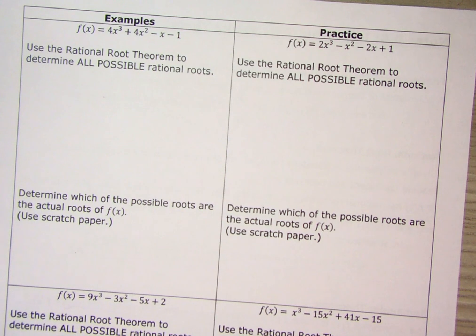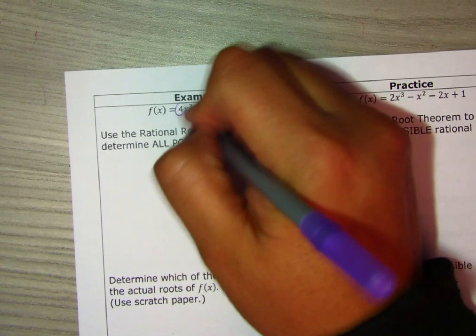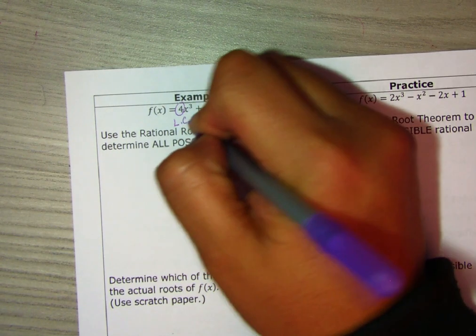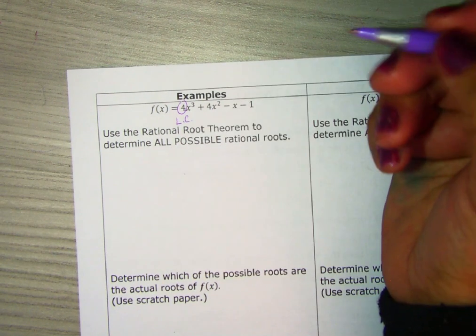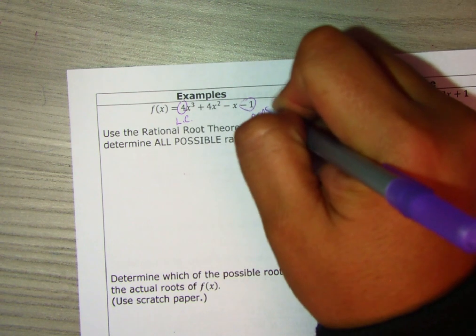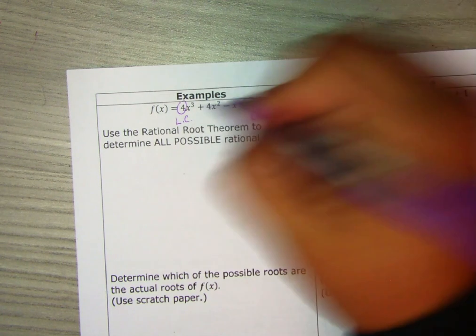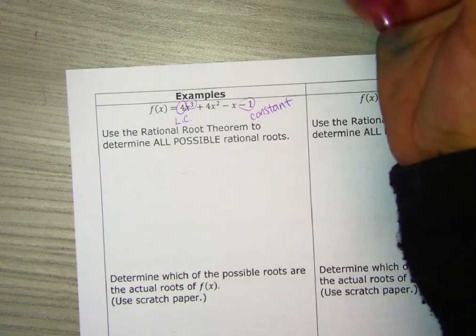All right, so what we're going to do first is look at the polynomial and identify the leading coefficient, which is 4. And we're going to identify the constant, which is -1. And then also identify the degree, which is 3.